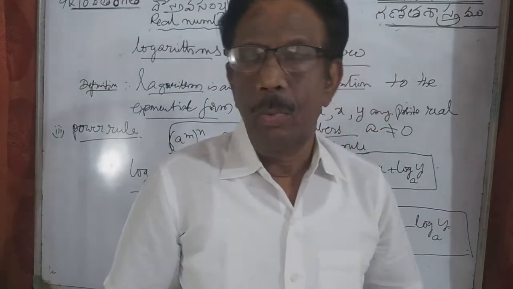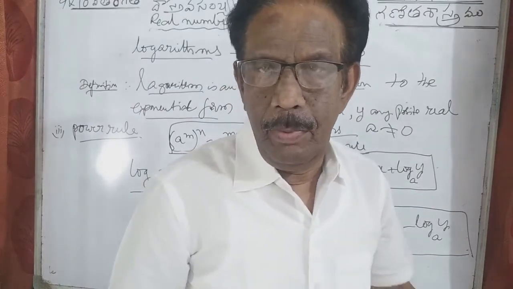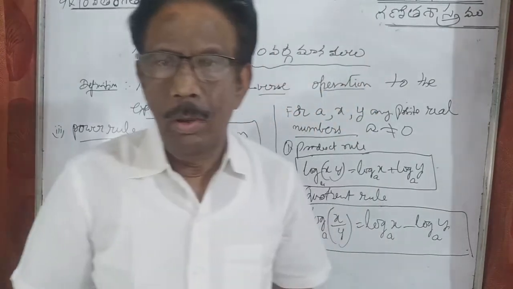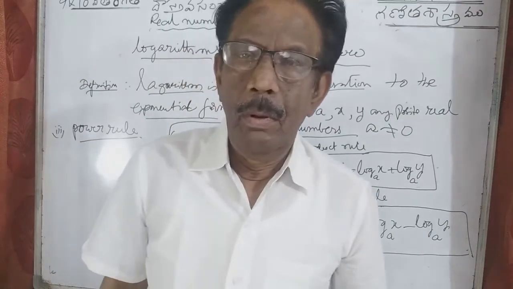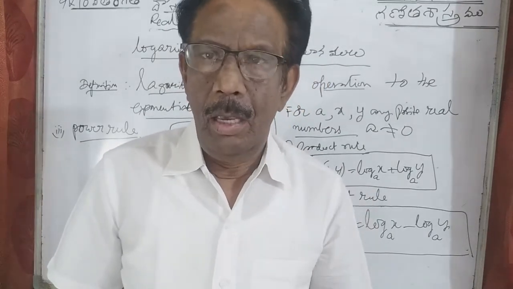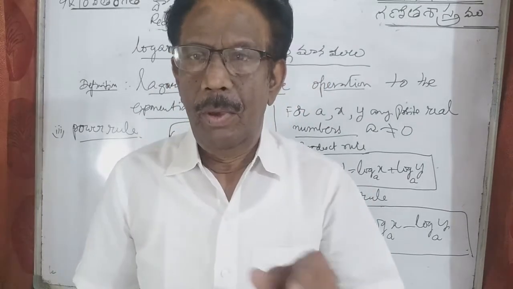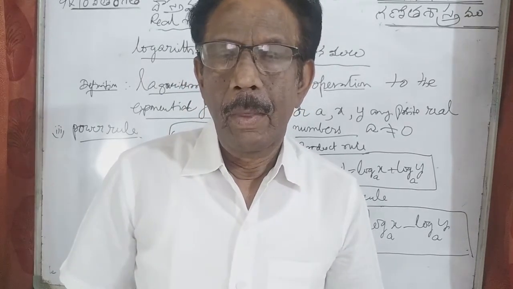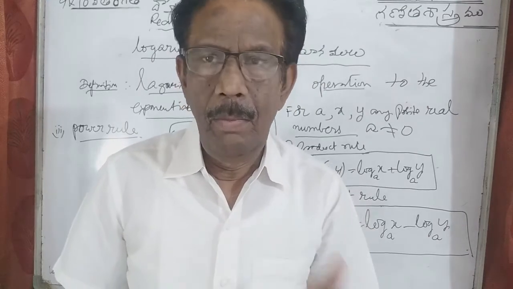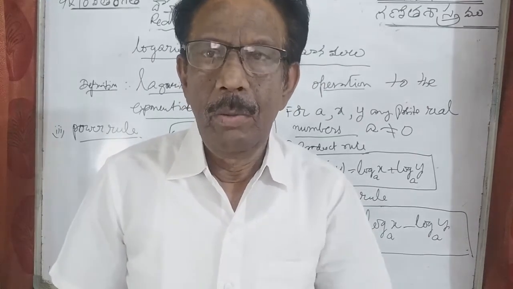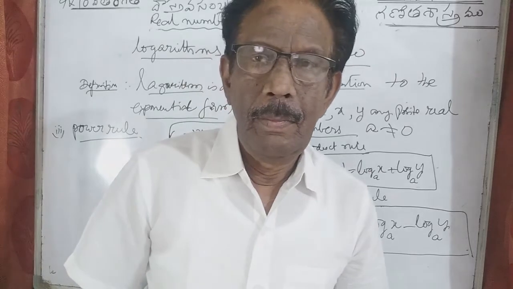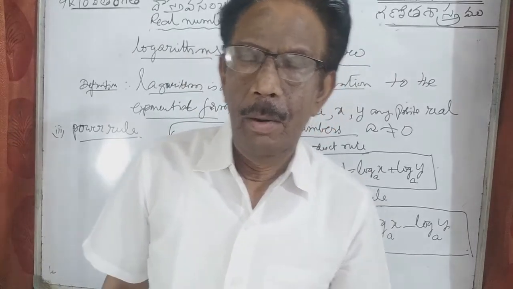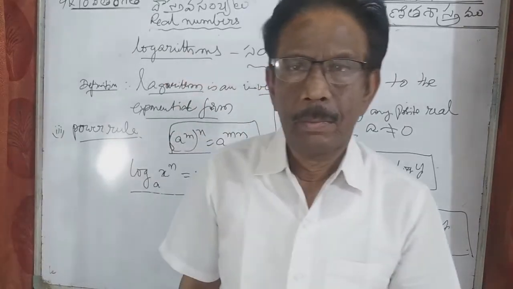And another two points from the previous, just now I told you about this. Log a to base a is equal to 1. That is, the logarithm of any number to the same base is equal to 1, since a to the power of 1 is equal to a, for any positive real number a except 1. Understand?